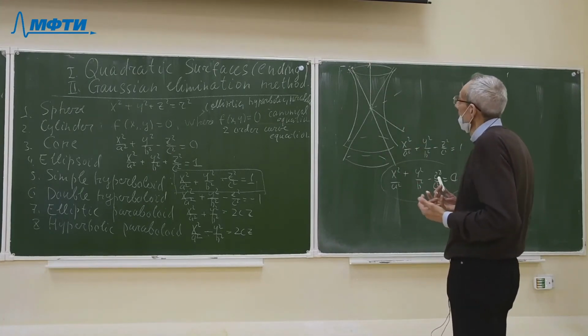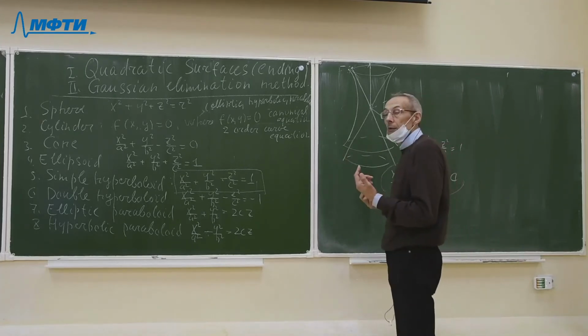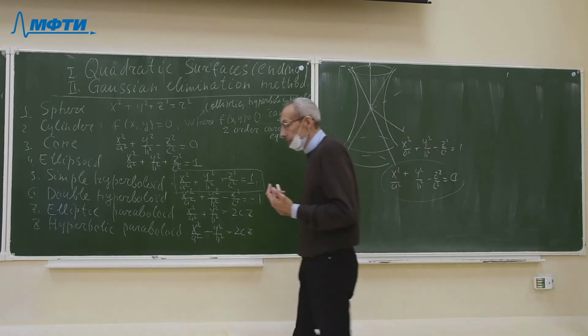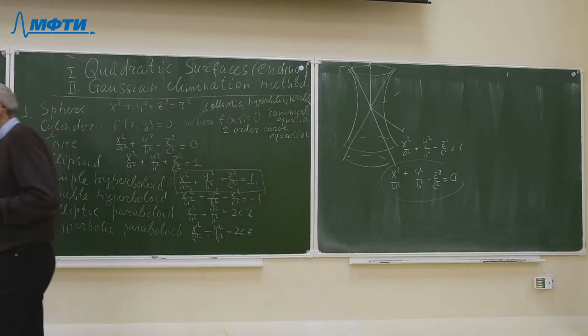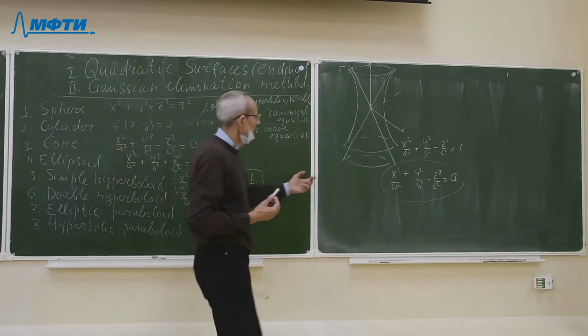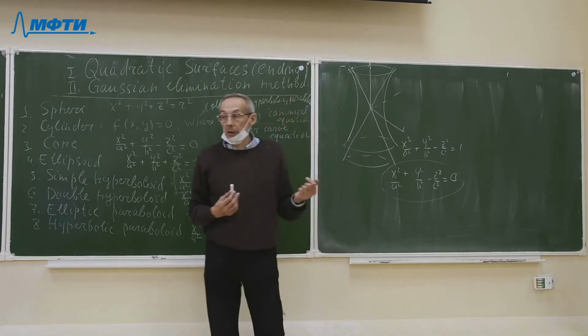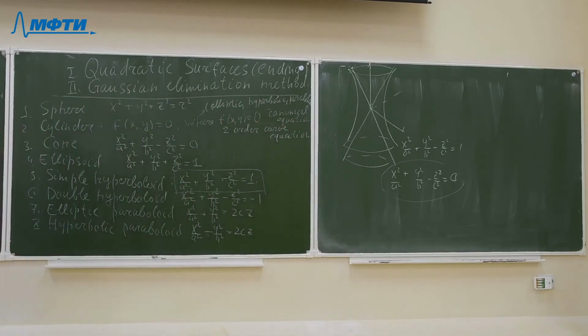This minimum of the distance goes to 0. And in this case, we will say that the cone is an asymptotic surface.